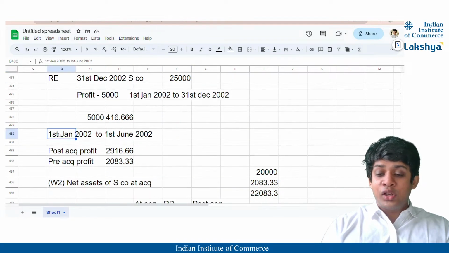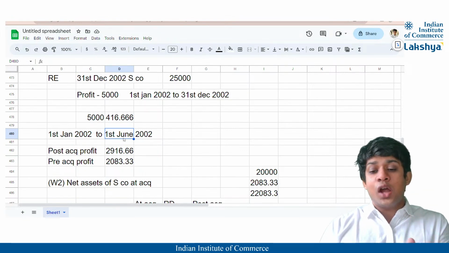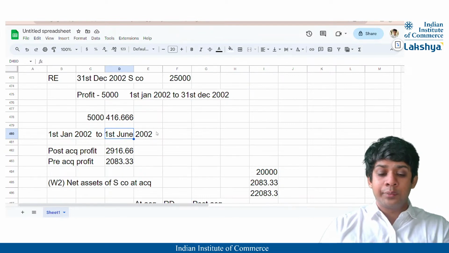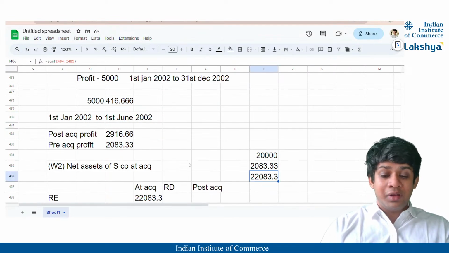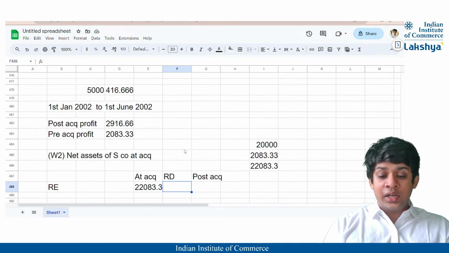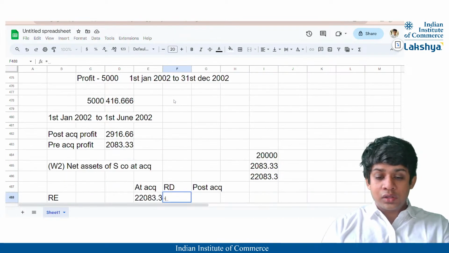And we acquired the company on 1st June 2002. That means the profit from 1st Jan 2002 to 1st June 2002 are pre-acquisition profits, which is obtained by the subsidiary itself. So we do not have an entitlement to it. Correct? So this is going to be my pre-acquisition profits, right? And my total retained earnings at the year end is going to be nothing but 25,000, right?